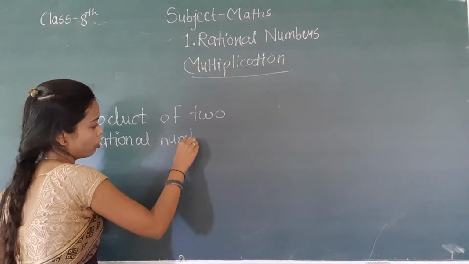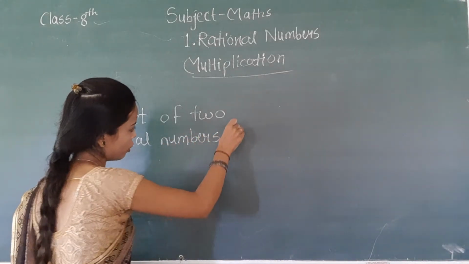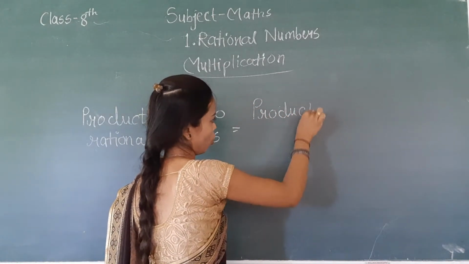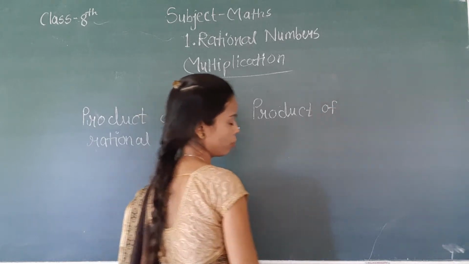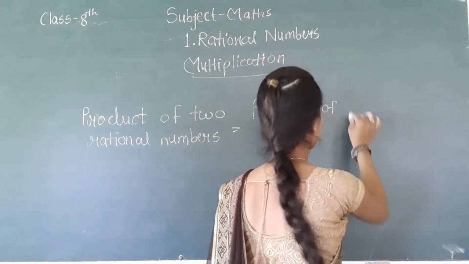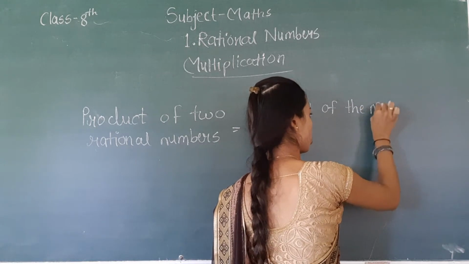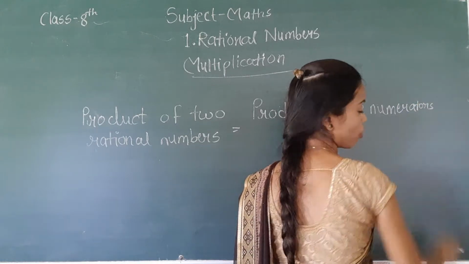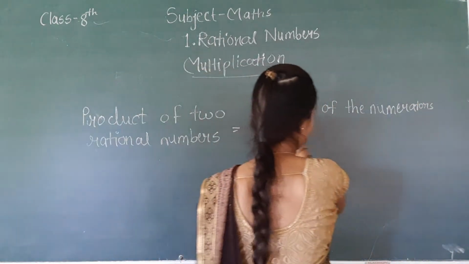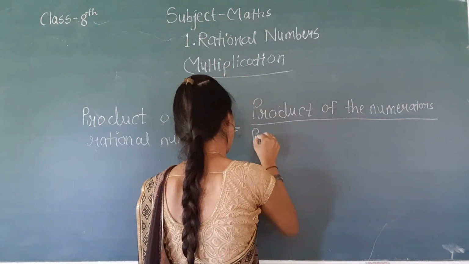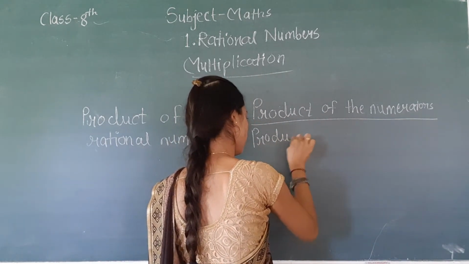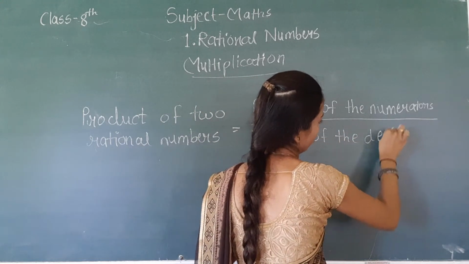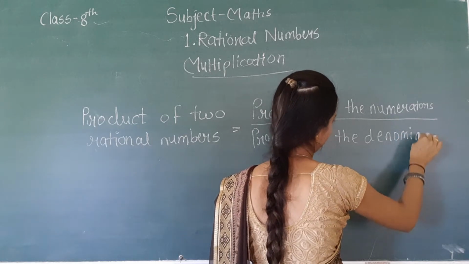The product of two rational numbers is equal to the product of the numerators, and in the denominator, the product of the denominators.